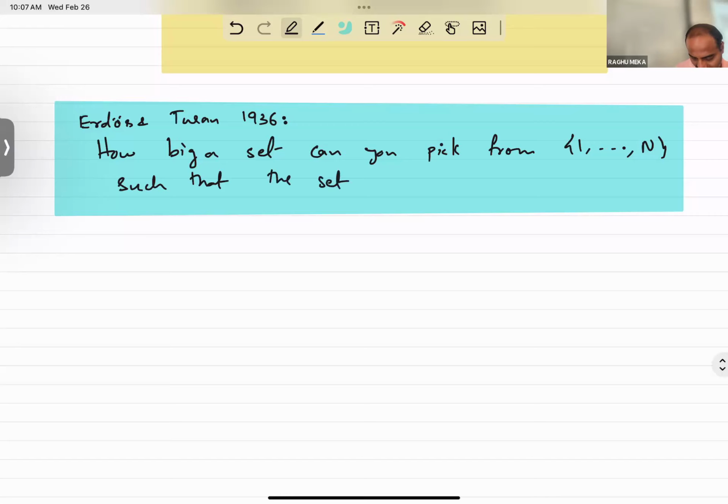such that this set does not have three distinct numbers A, B, C that form an AP, or arithmetic progression.